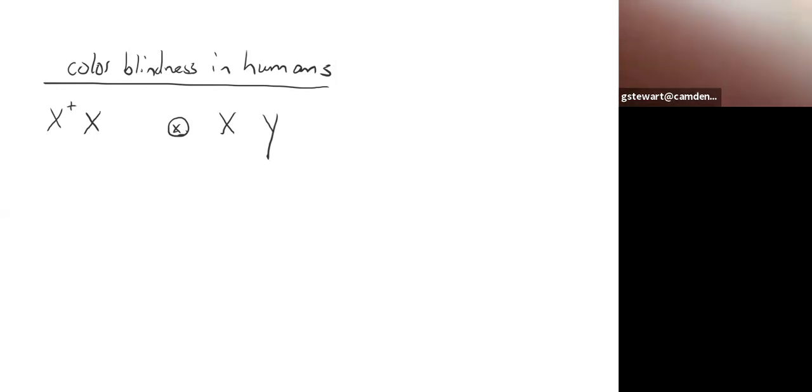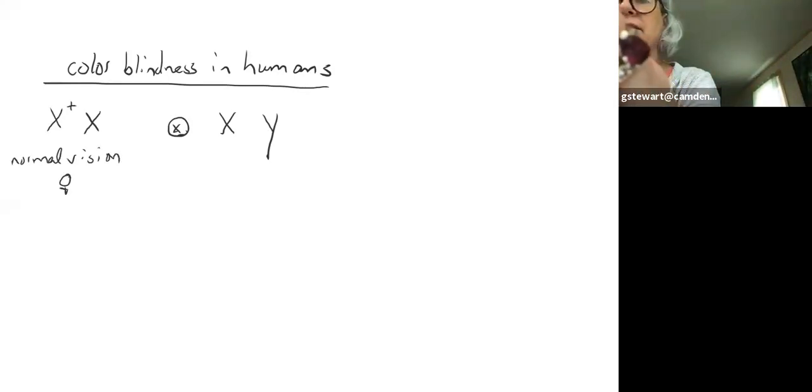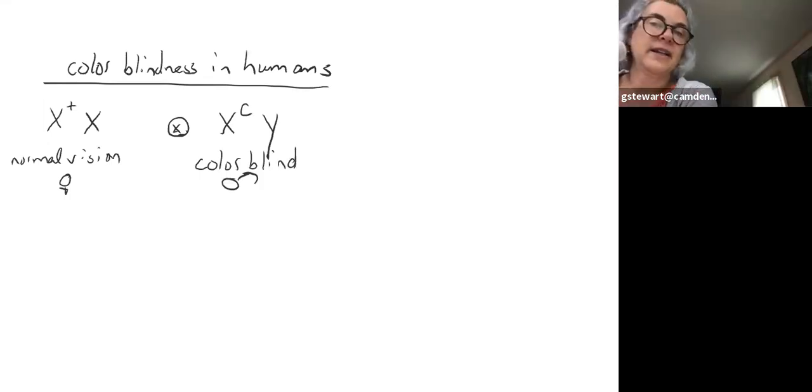So let's say we have a normal vision female, and she mates with a colorblind male. So we're going to give him the C gene for colorblind. And let's say they have, what are their chances of having a colorblind boy or a colorblind girl?